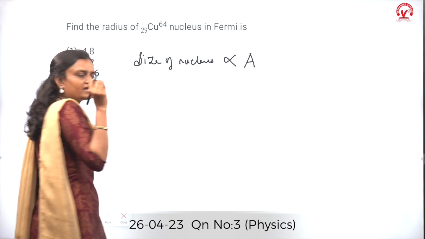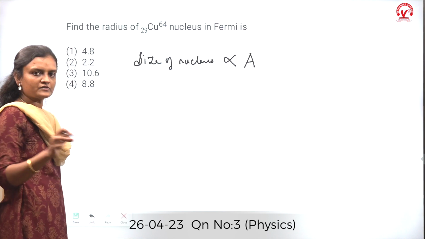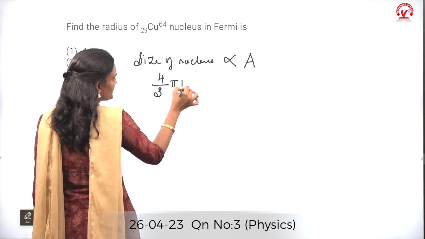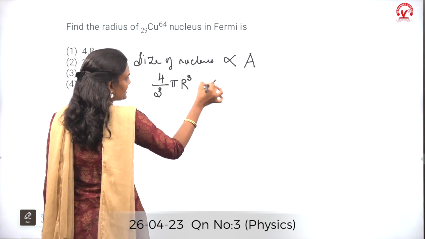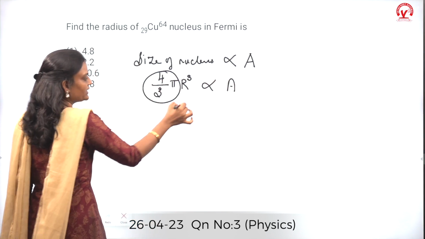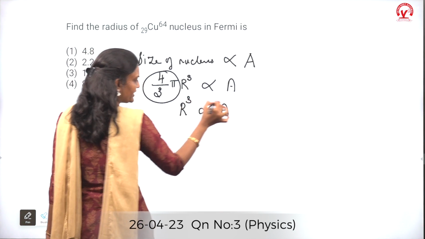The nucleus is spherical in shape, so the volume of a sphere, 4 by 3 pi r cube, is directly proportional to A. This is a constant value, I am omitting it, and R cube is directly proportional to A.